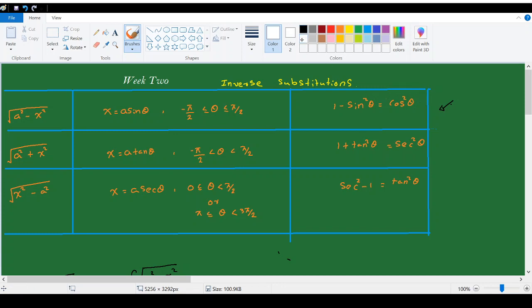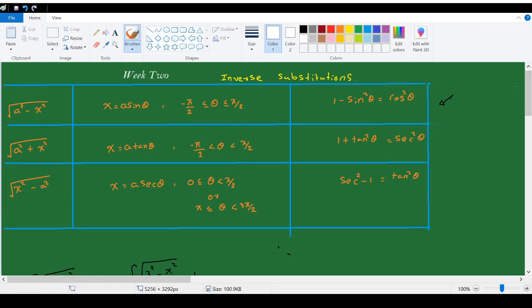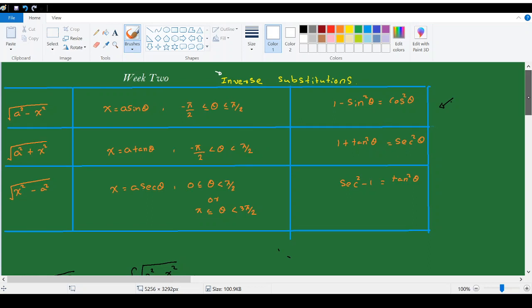Let's start with an example, because there are three categories of these inverse substitutions, and I will tell the reason for calling them inverse later on, but first we'll start with an example.